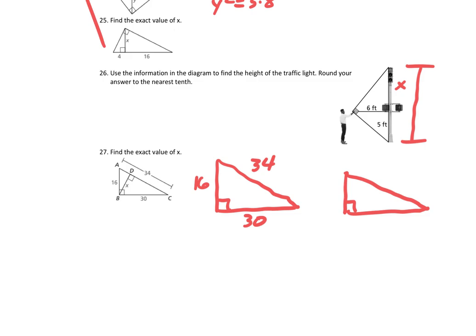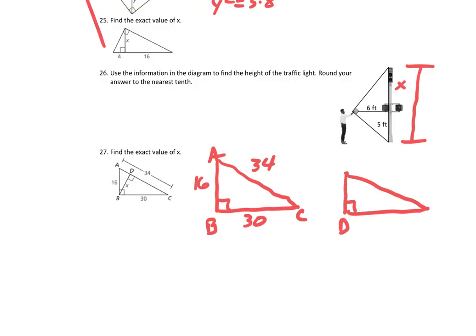We know all three sides, so that's the one I definitely want to use. And then I can either use the small one over here, or I can use the big one right here. Okay, so the big one, I'm going to label it B, A, C. And then I'm going to use the medium-sized one, which is the one on the right.